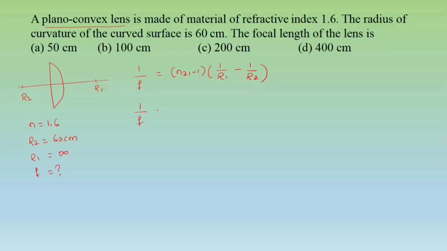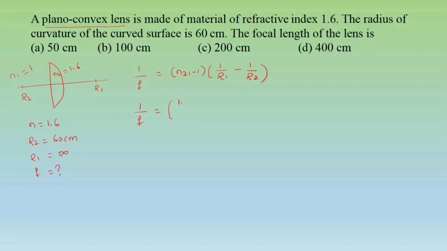Substitute the values. 1 by f equal to (n21 minus 1), where n21 means n2 divided by n1. The refractive index of the second medium, glass, with respect to the first medium, air. So n2 is 1.6 and n1 is air, which is equal to 1.